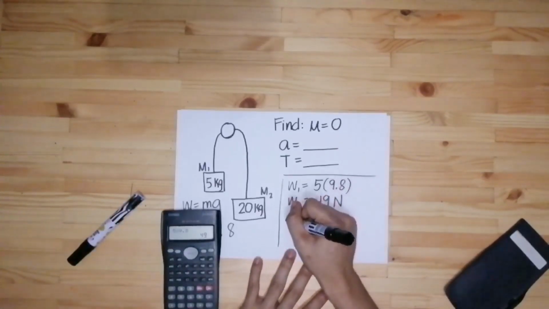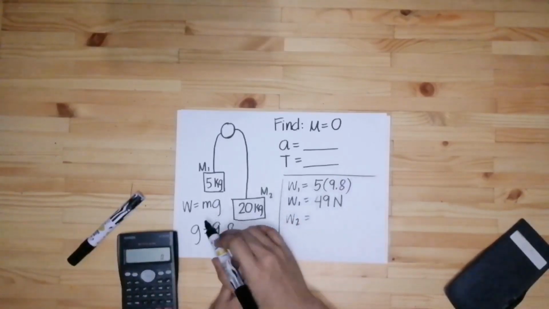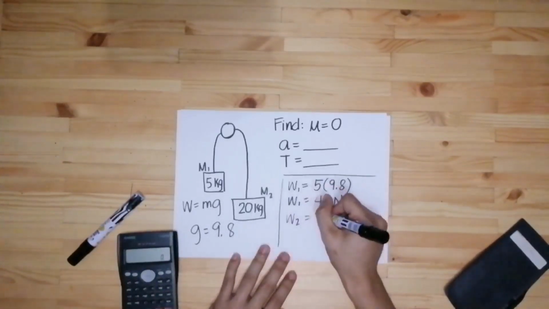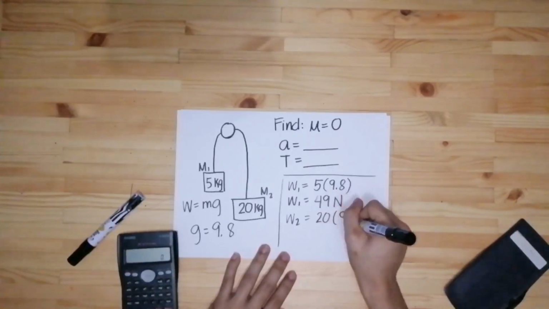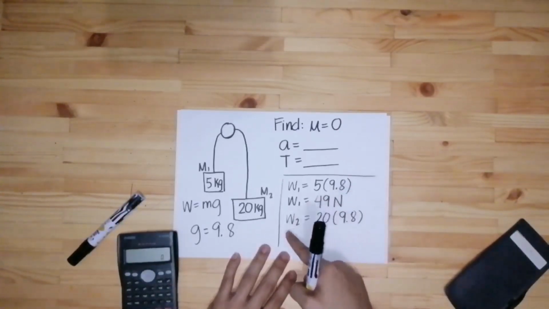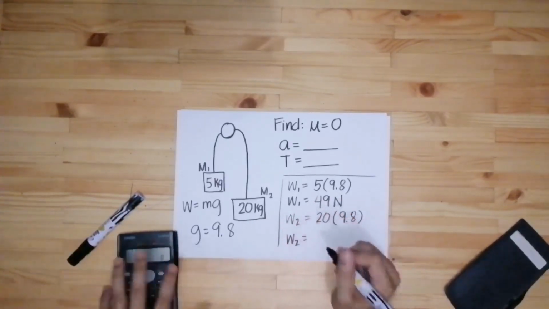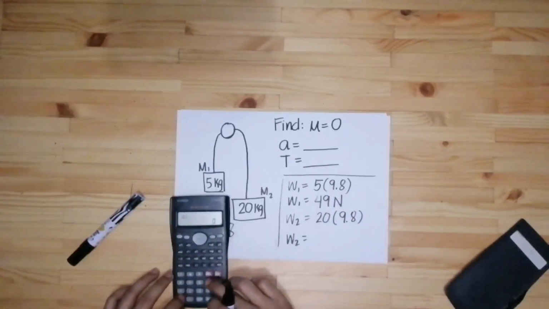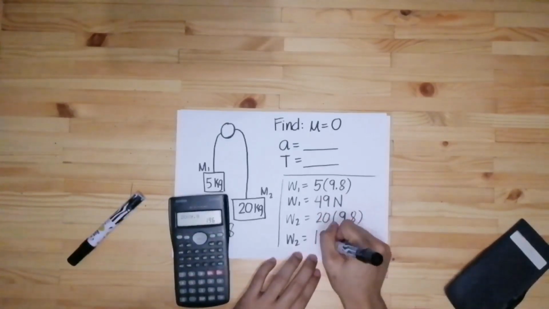Next, yung weight 2 naman natin. So, M pa rin, pero ito na yung M natin, 20, no? 20 times 9.8 ulit. Para makuha yung pangalawang weight. So, weight 2, or the second weight, 20 times 9.8. That is equal to 196.